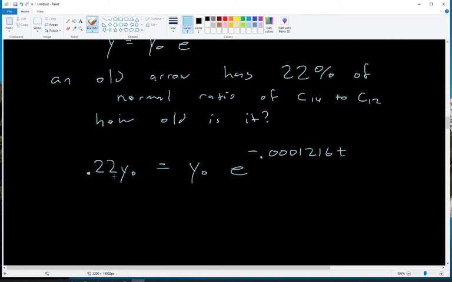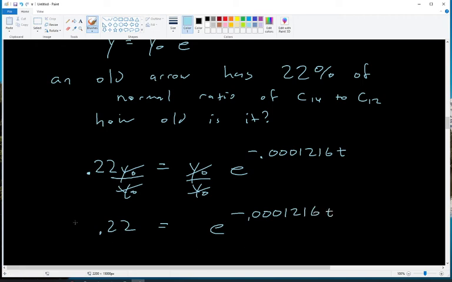You can divide by y naught, and they'll cancel out on both sides of the equation. So we get 0.22 equals e to the negative 0.0001216t. We apply natural log to both sides of the equation.